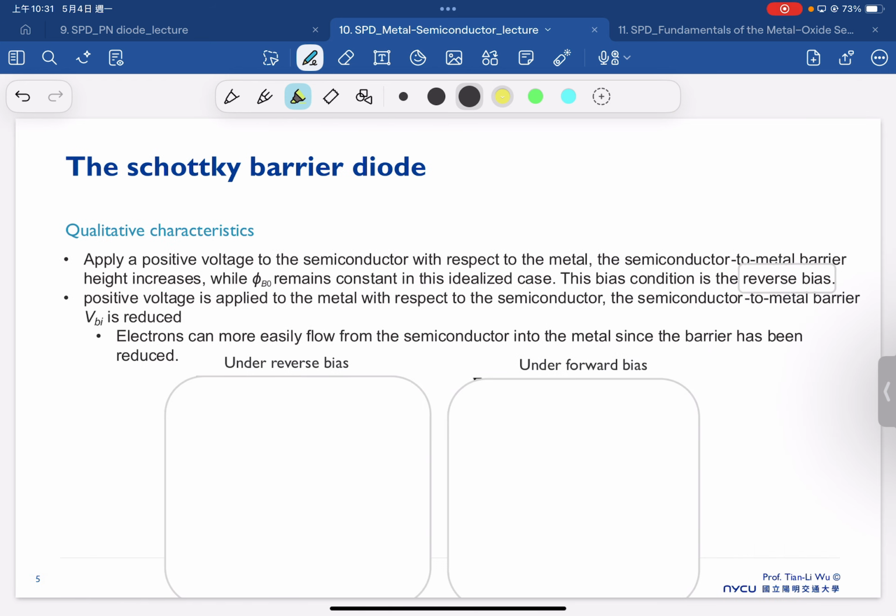So now we have to consider the case where we apply a bias. The previous case was without any applied bias, but for the operation of this Schottky barrier diode, for sure we need to consider forward bias and reverse bias.